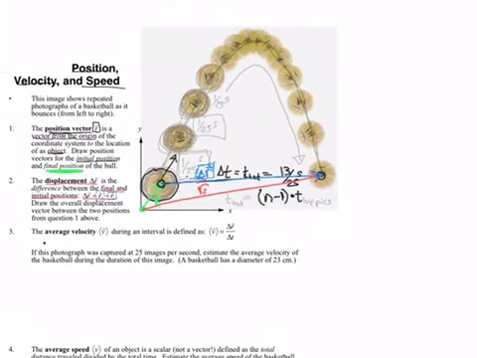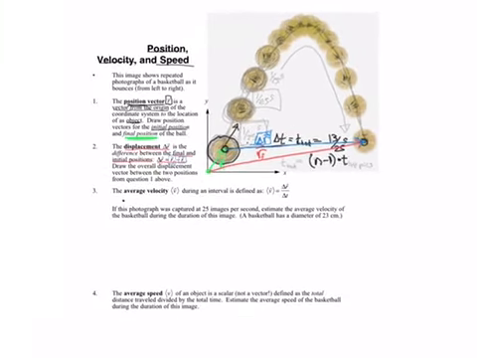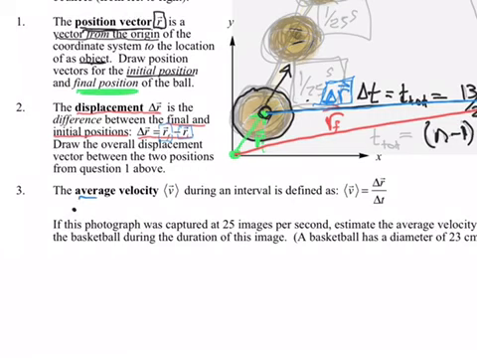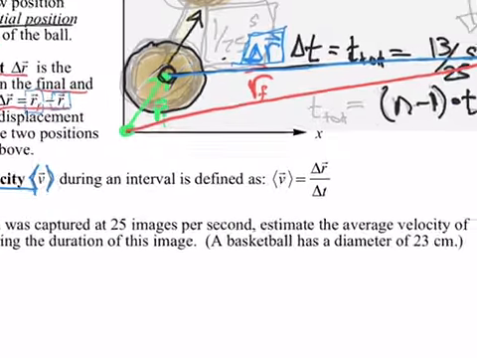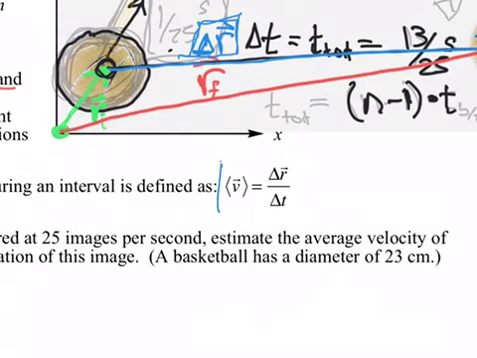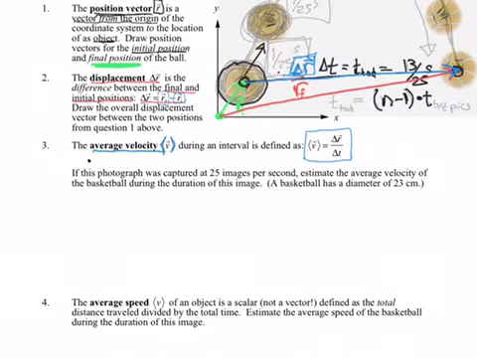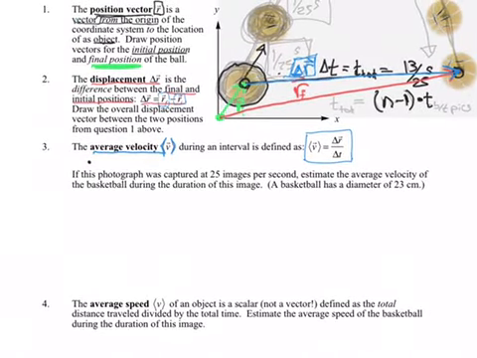Now what we want to find is the average velocity of the ball. These angle brackets mean average, and we have our velocity vector in there, so average velocity vector. That's defined as the displacement over the amount of time that went by. And we already went over that there are 25 images per second.